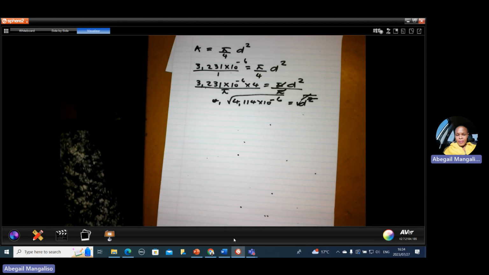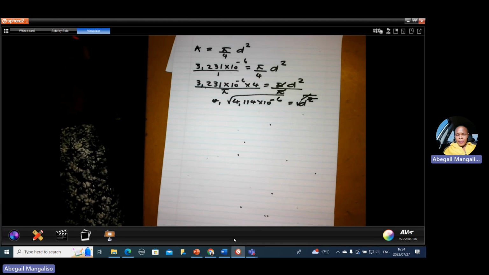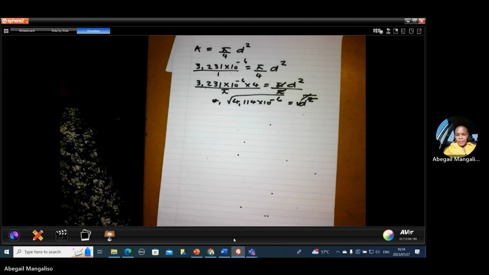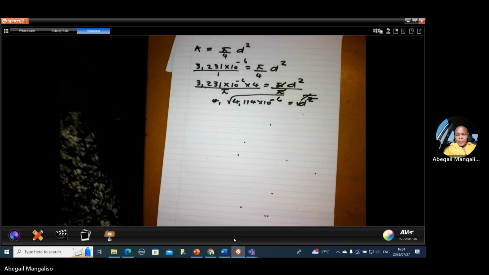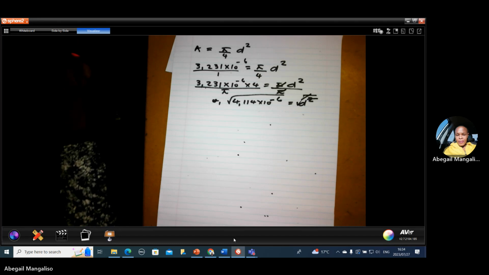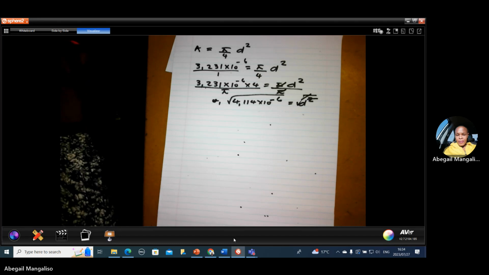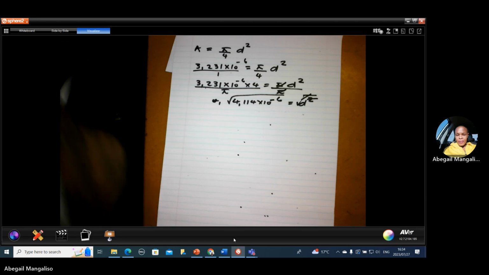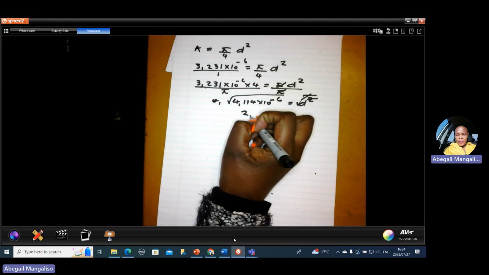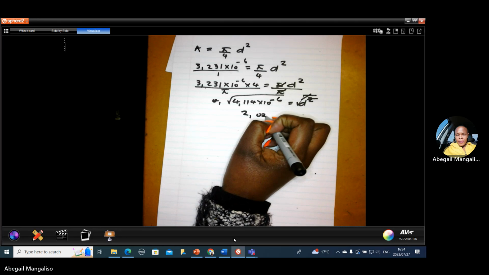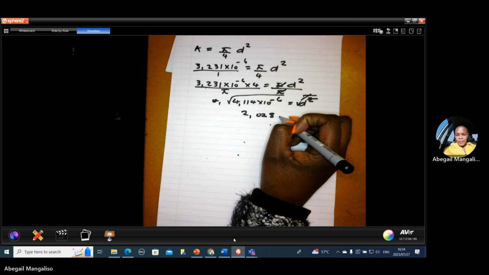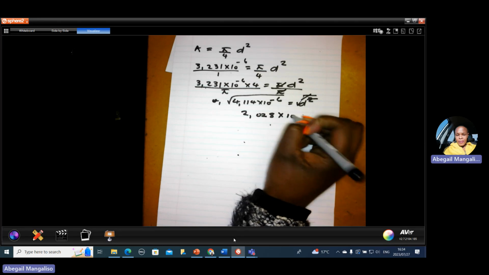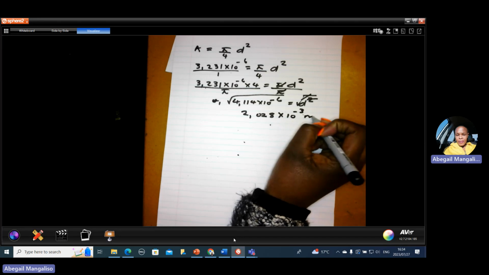When you put this answer under the square root, it will be 2.028 times 10 to the power minus 3 meters.